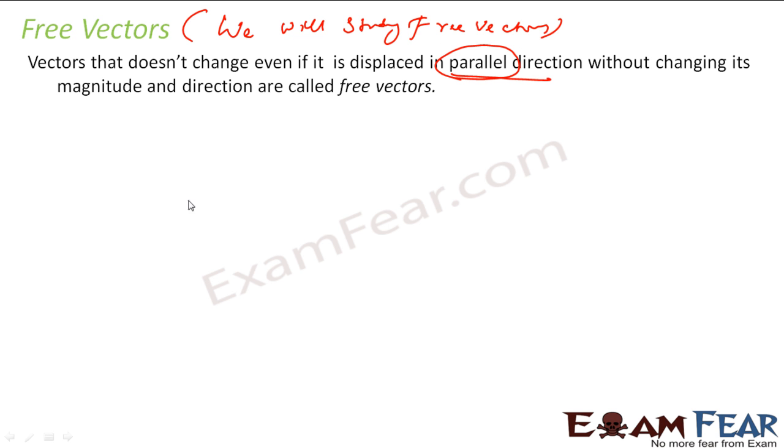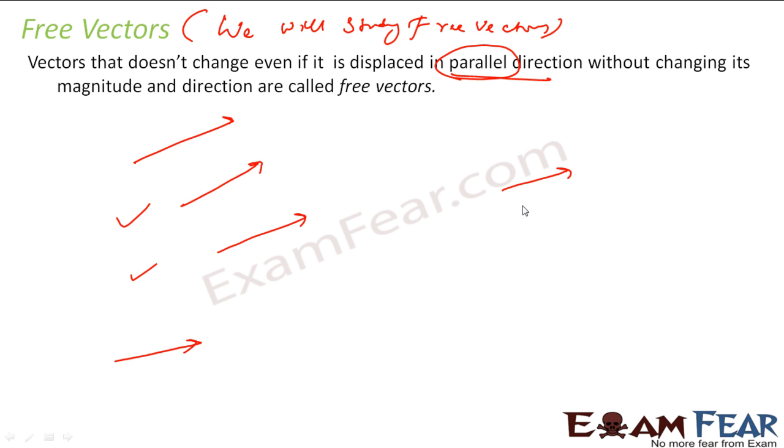Correct? So you have this vector, you move it in this direction, to this place, it is still parallel, right? And the magnitude is the same. You move this side, it is the same. You move from here to here, same. Given all are parallel.